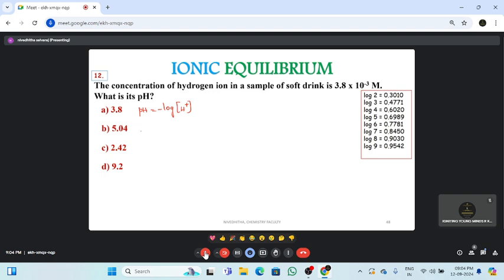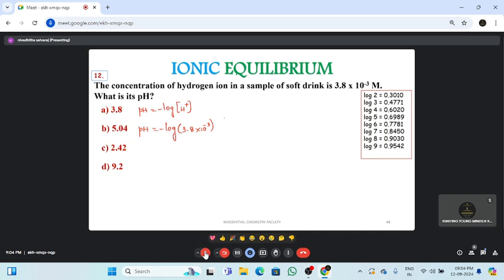Okay. So what is the value of H plus ion concentration? 3.8 into 10 power minus 3, ma'am. Yes, 3.8 into 10 power minus 3.